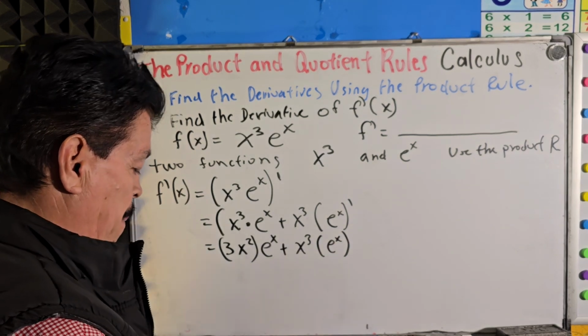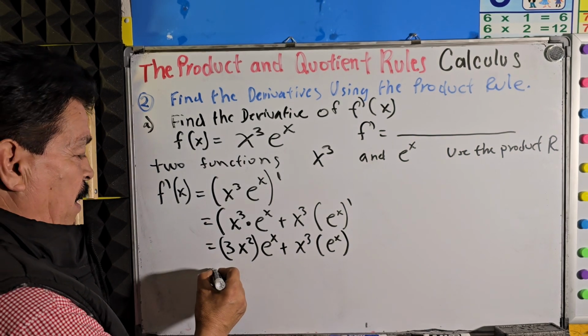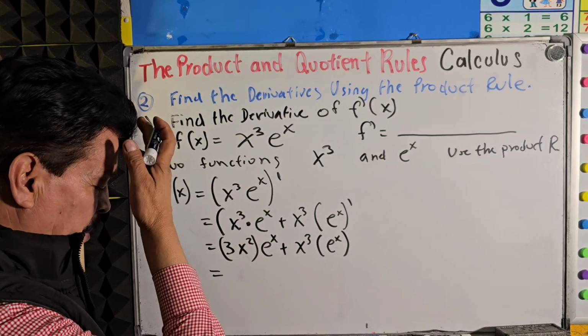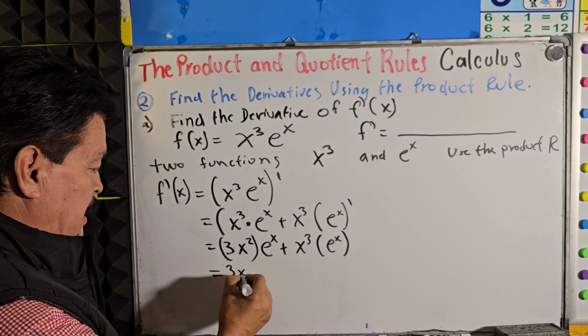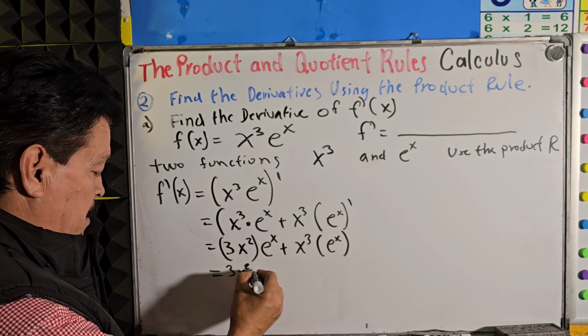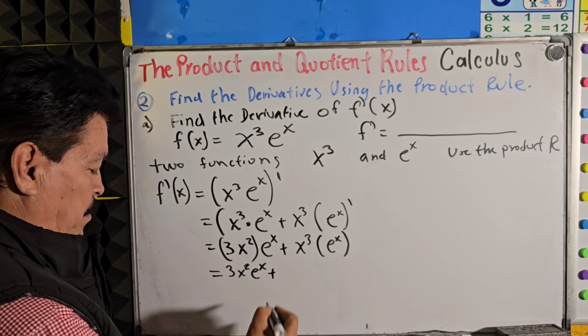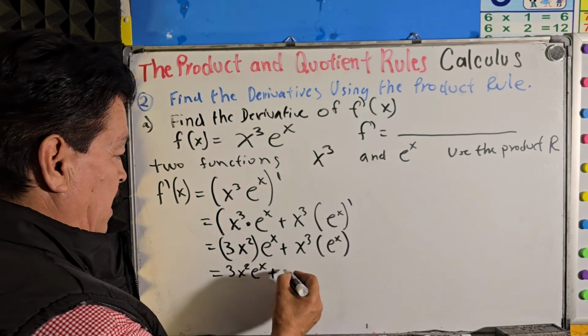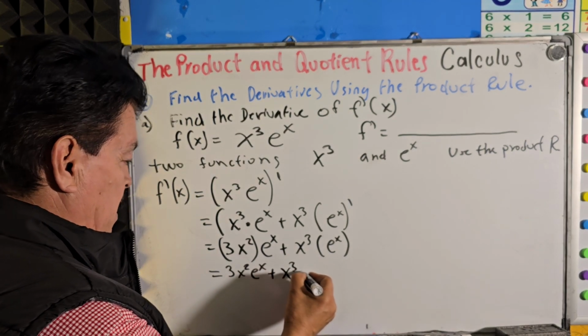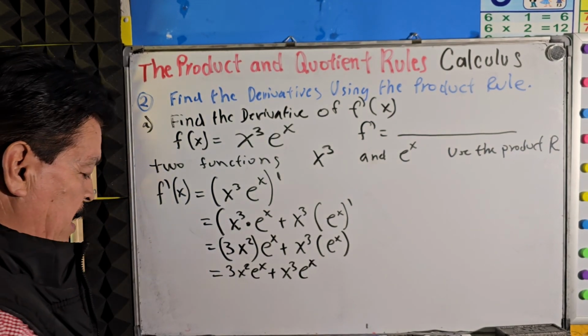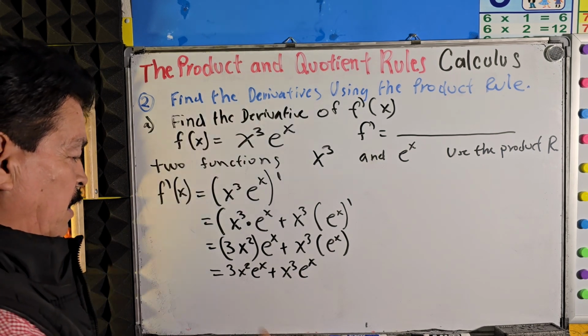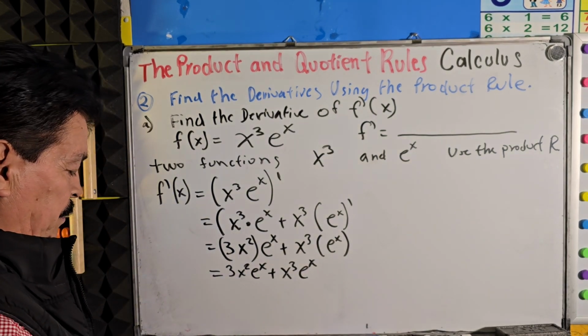So that's it. Now if we simplify, the next step will be 3x to the second power e to the x power plus x to the third power e to the x power.